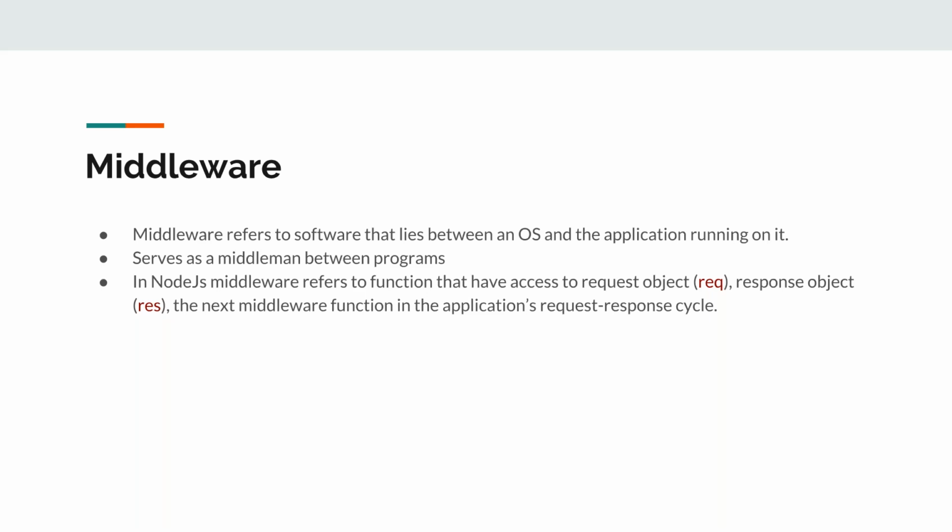So what does the middleware do? It serves as the middleman between the programs. Sometimes there might be some processing your program needs before it is able to do something. So most of the time you have middleware programs that sit in between your user inputs and your actual program. In some instances it serves as a filter.